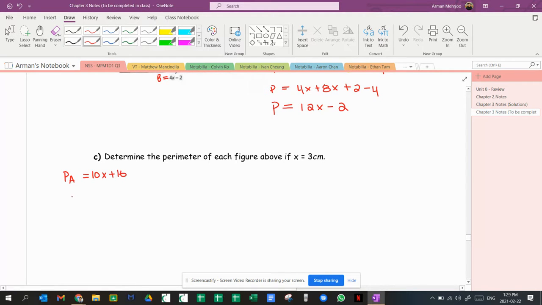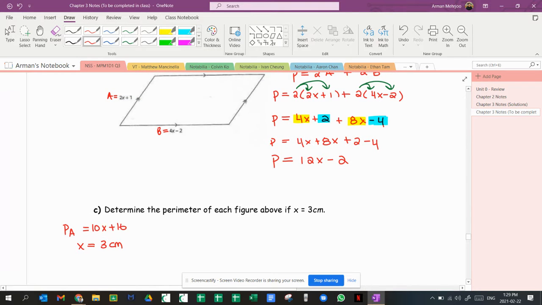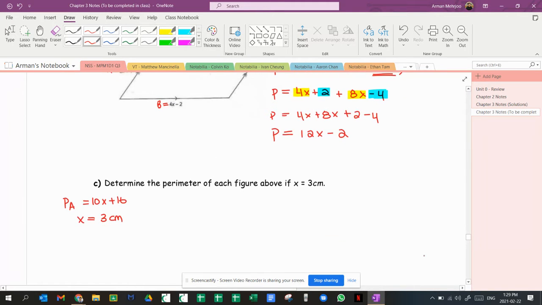So let's find what the perimeter is equal to when x is equal to 3 centimeters. So just like I substituted in the equation for B, I can go ahead and substitute this value of x into my perimeter equation. So let's do that.